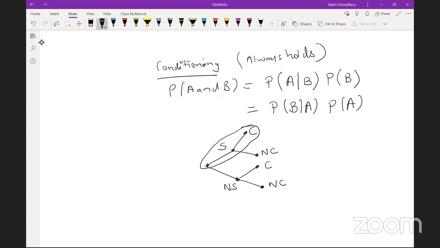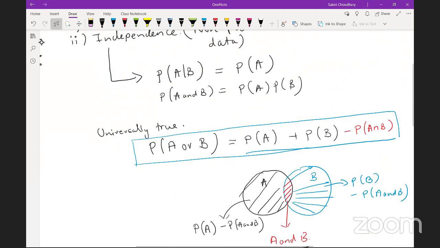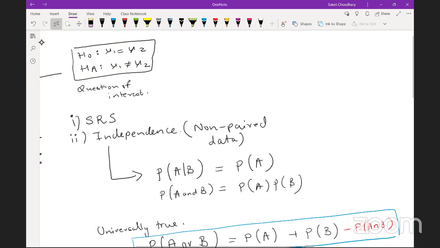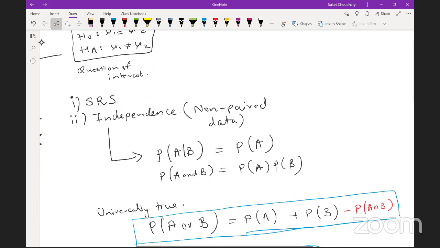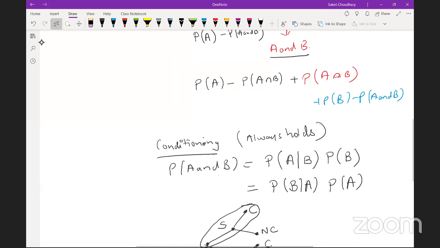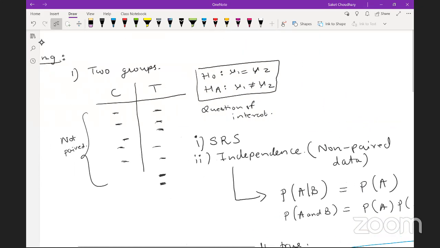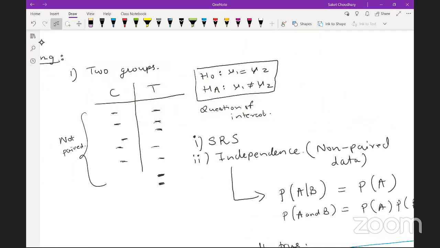We'll not go into the details of the review there, but let me go back to what we originally started. We digressed, in the sense that this entire story of learning about probability and independence essentially helped us verify that what we are going to do with these two group samples is satisfied.